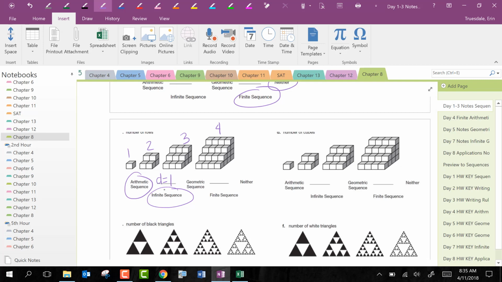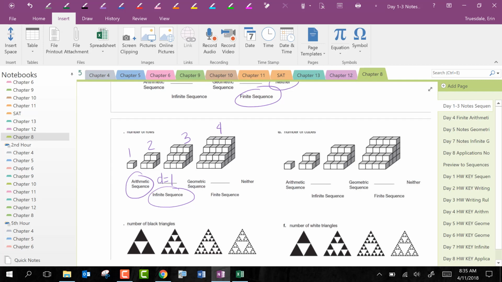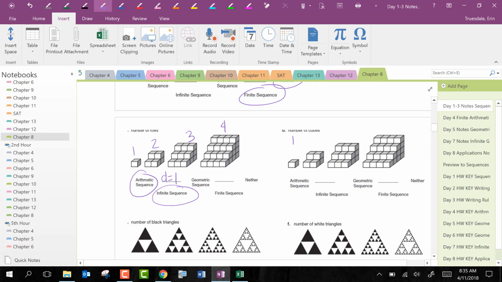This one's a little bit tougher because they're asking for the number of cubes involved in the whole picture. So we have 1, and then how many are in this next one? You have to count all of them. Good, 6. So not just the ones you see, but the ones that would be there to make that picture. And then see how you have to count all of them?